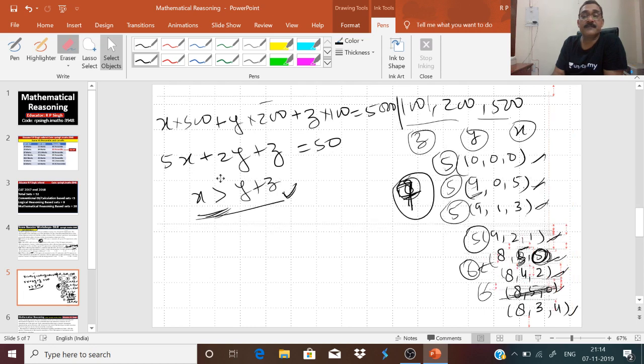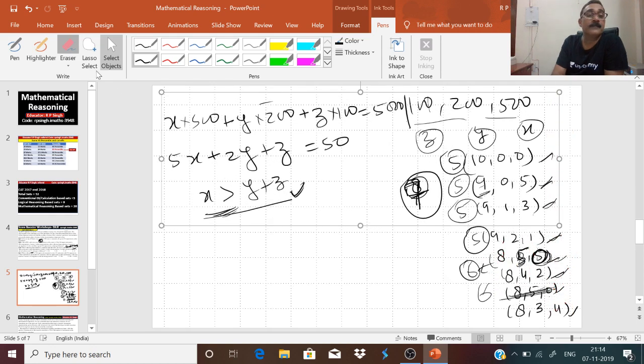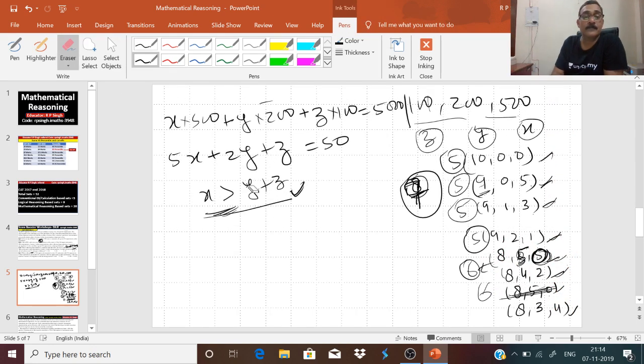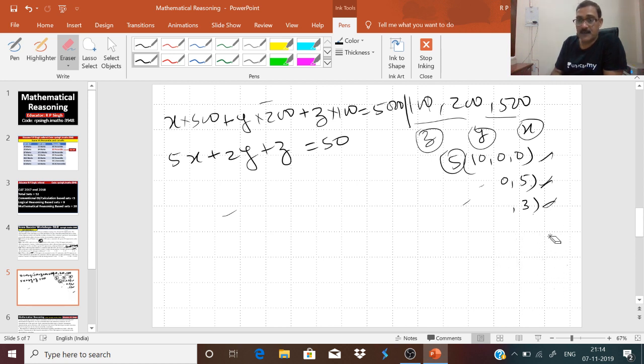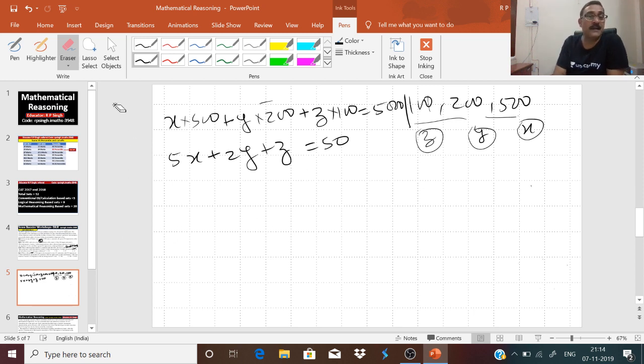Just a second guys. Because the total number of notes cannot be more than 20, they should be less than 20, and there is no preferred denomination, but the only condition is 500 notes are 50 only, right?